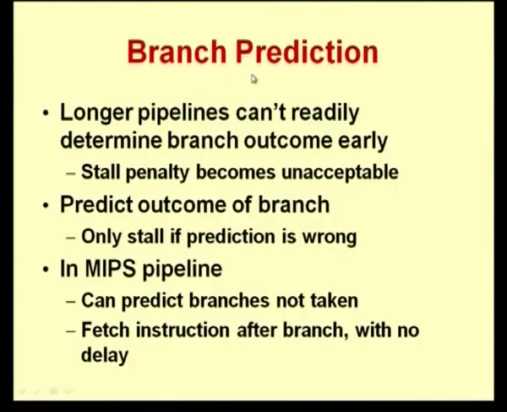The question that comes up is, do I always have to stall on a branch, or can I do something better? The answer is that we use a technique called branch prediction. When we talk of branch prediction, we try to predict the outcome of the branch. We do not know whether the branch will go to the taken path or through the sequential path, but we try to predict what the outcome would be.